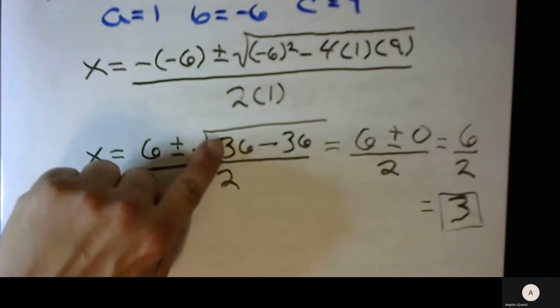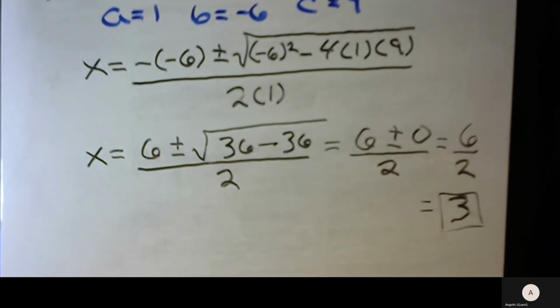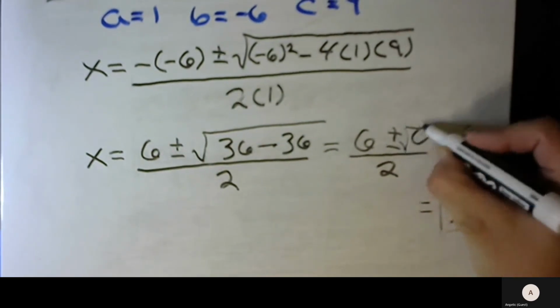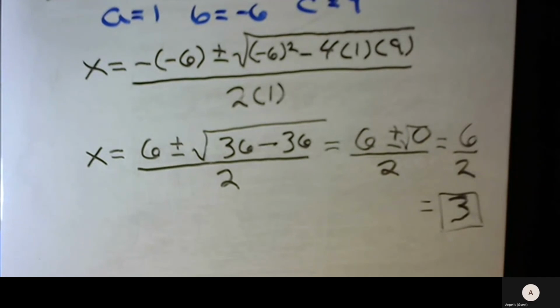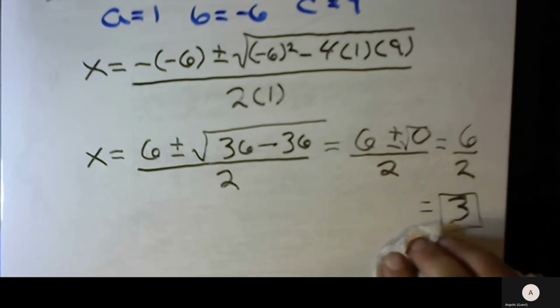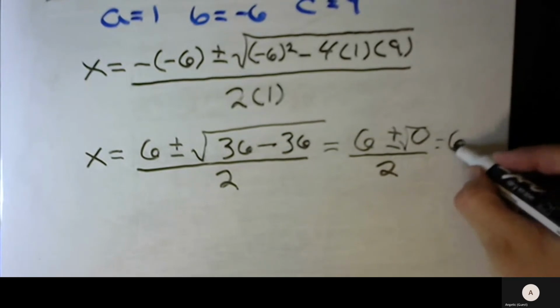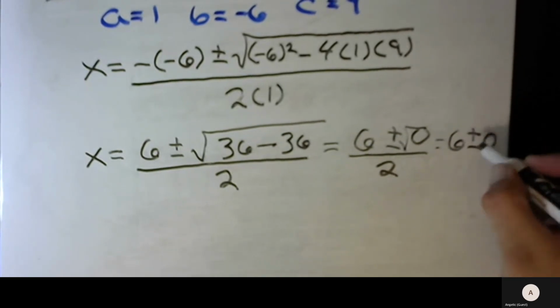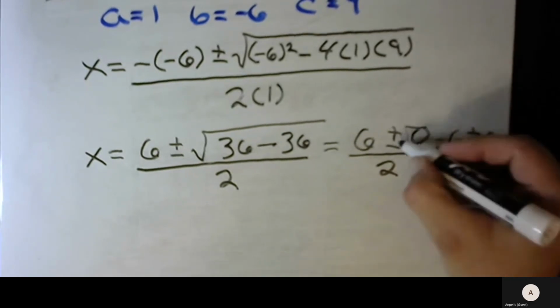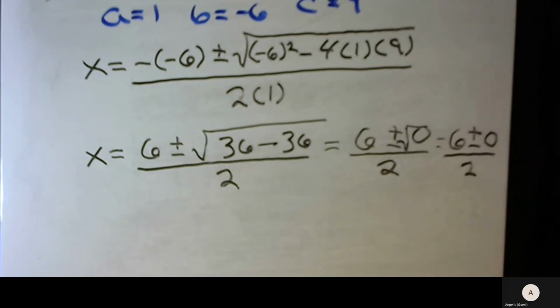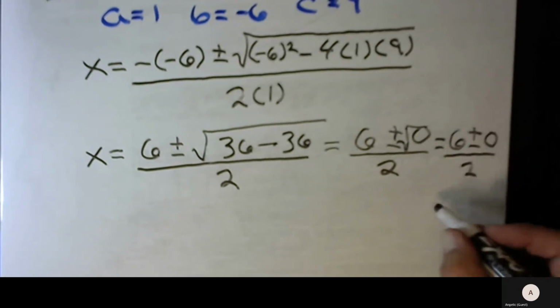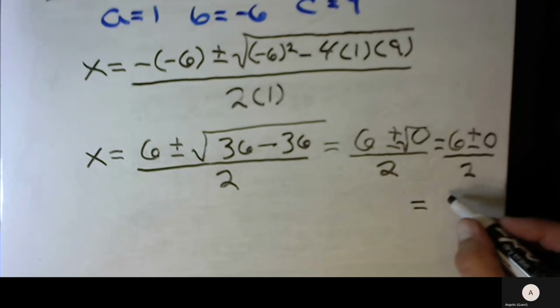So when this discriminant is 0, I could have said square root 0 here, because I just got a little carried away and skipped a step. Square root of 0 is 0. And the reason is if you do 0 times 0, which is 0 squared, well, you still get 0.